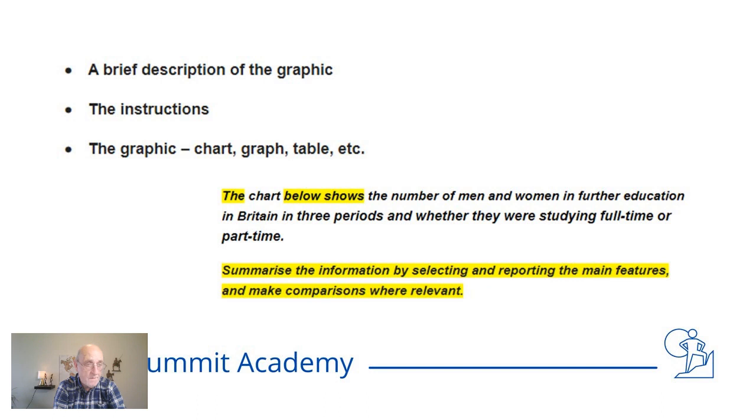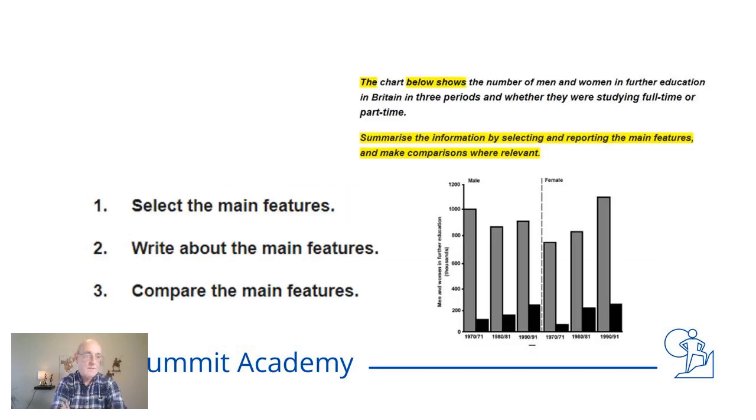So you only have 3 things that you have to accomplish in this essay. The first is summarize, and then select and report on the main features, and then make some kind of comparison where it's relevant. Okay, so these are your 3 tasks.